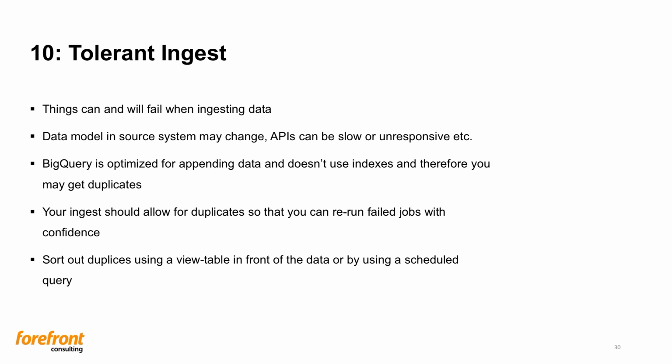So you should really allow for failure. And one way to do that is also to allow for duplicates. So you can rerun a failed job with confidence, because when rerunning the job, you have the risk of having duplicates. So you should really allow for that.